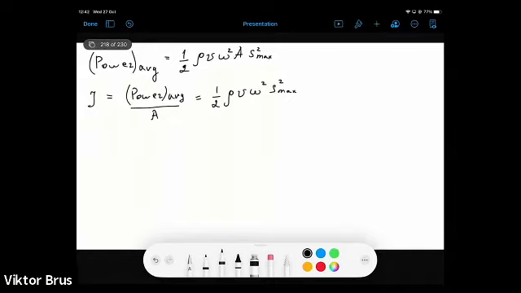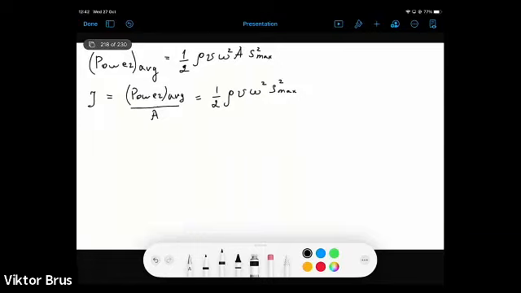So we see that intensity of sound increases linearly with density of the medium and speed of sound in this medium, and increases in second power with such parameters as frequency and amplitude of air element displacement.